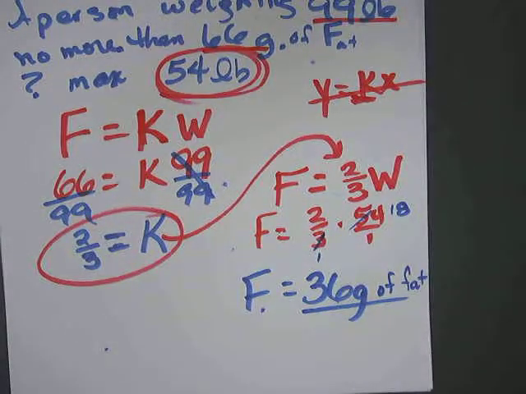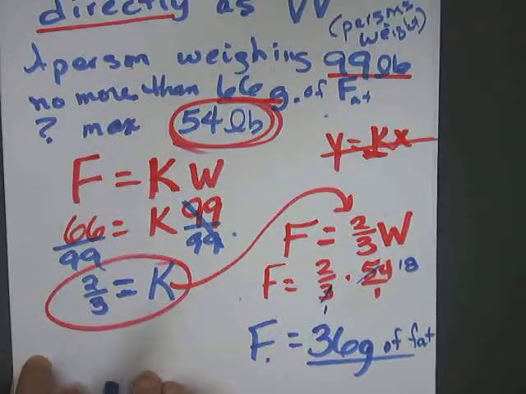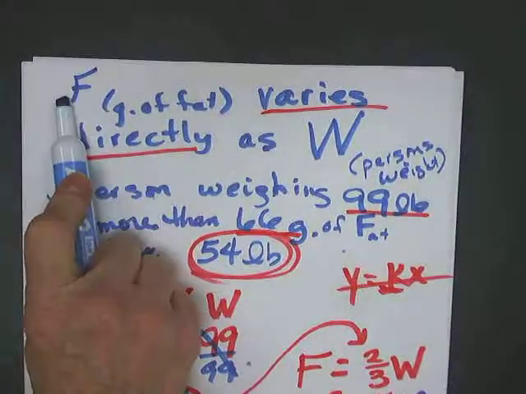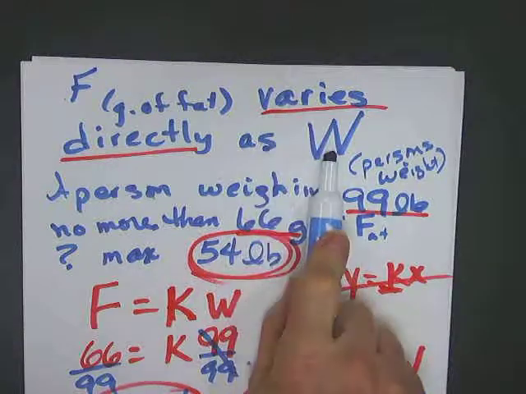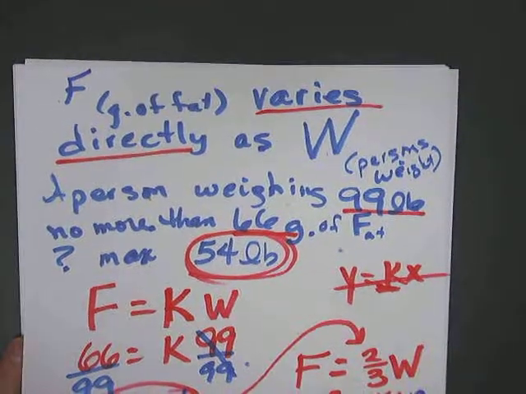W is 99. So divide by 99, right? K is 2/3, right? 6/9, which is 2/3. Everybody see how to do that? Okay.